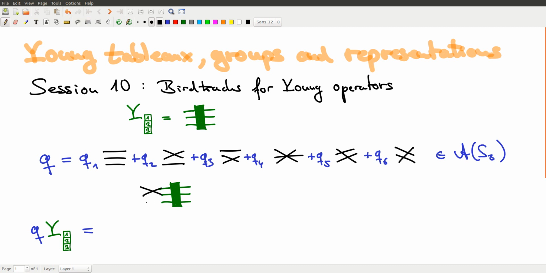If we multiply this with this transposition, well, then we can just interchange these 2 lines here, which leads to a minus sign. So we get minus our antisymmetrizer here. And that's not only true for this term, but also for this one and for this one.